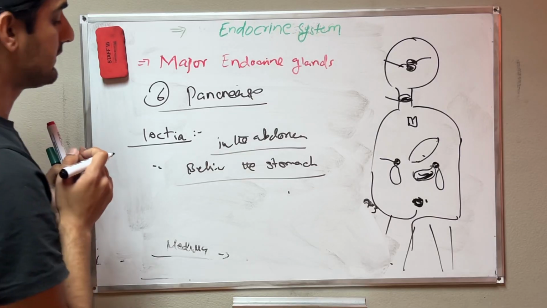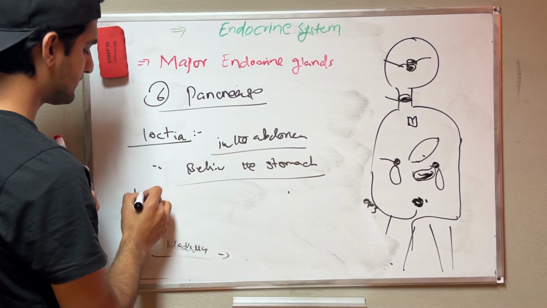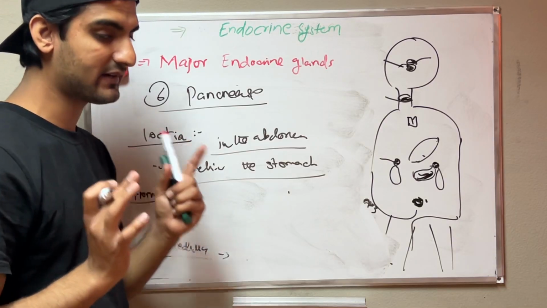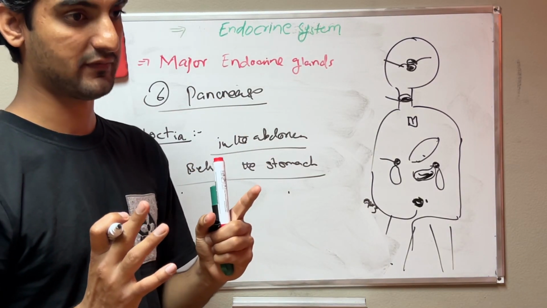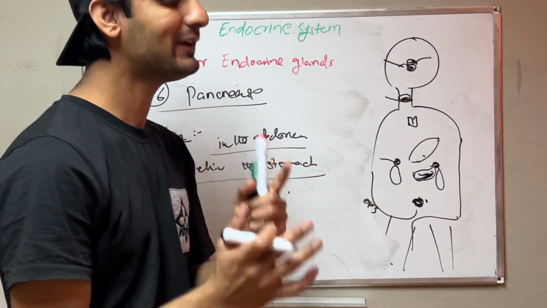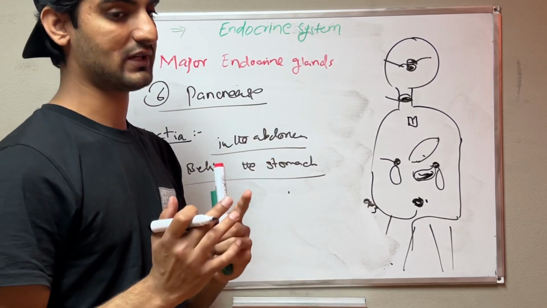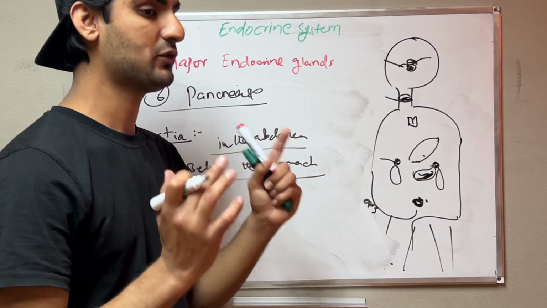Now if you talk about the hormones, remember the pancreas has two types of function, exocrine and endocrine. Here we need to know about the endocrine function because we are discussing the endocrine system.